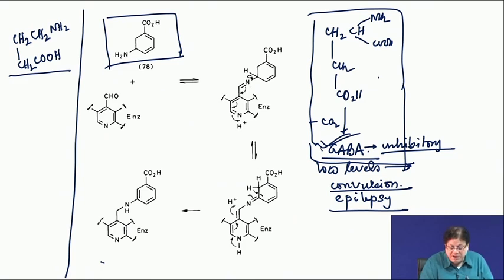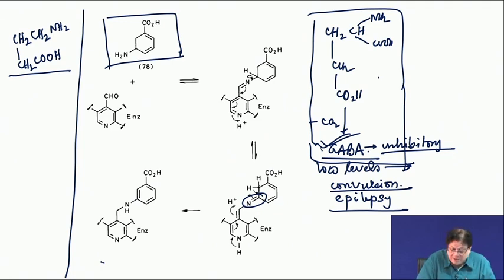So, you have the imine here, and like last time with vinyl GABA, in gamma phenyl GABA you get an alpha beta unsaturated imine. So, there will be addition of the active site amino acid via Michael addition.